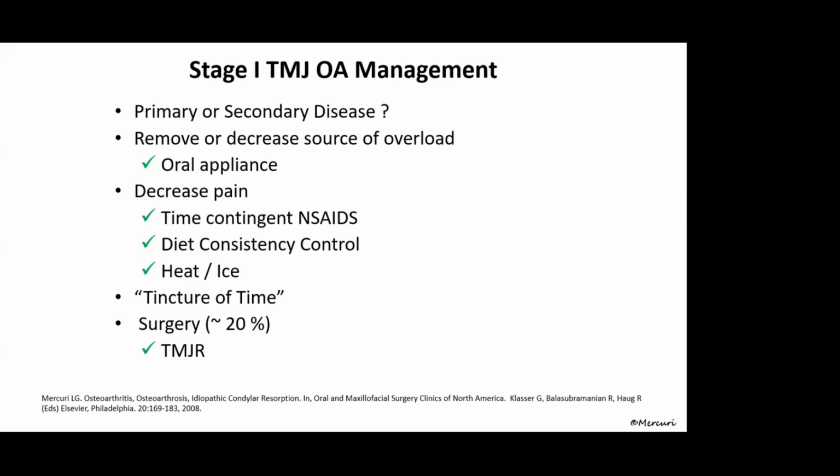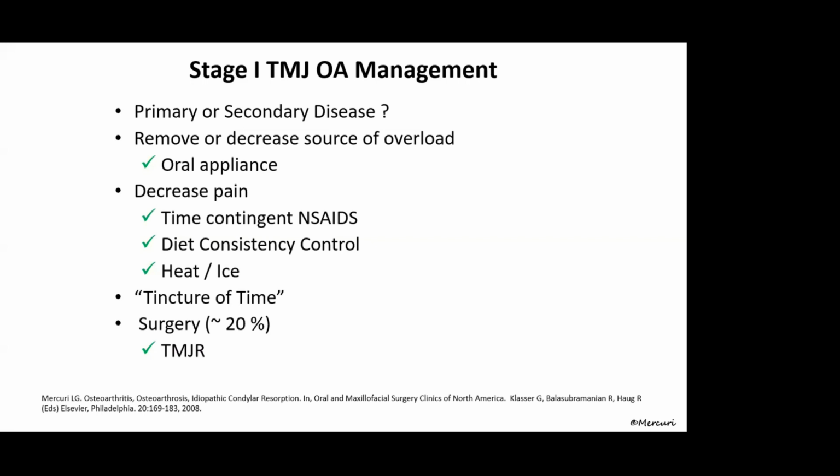So we take a good history from this patient. This patient had no history of trauma, no history of unilateral chewing habits, or anything that would lead us to believe this was a secondary disease. She had all her teeth, so that wasn't an issue.